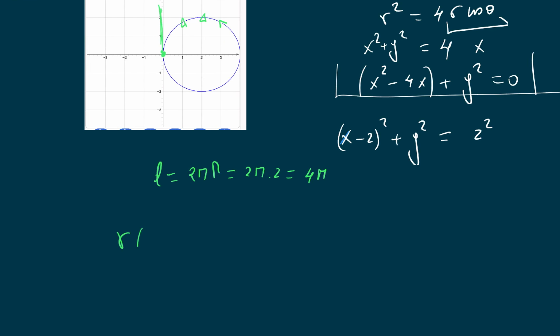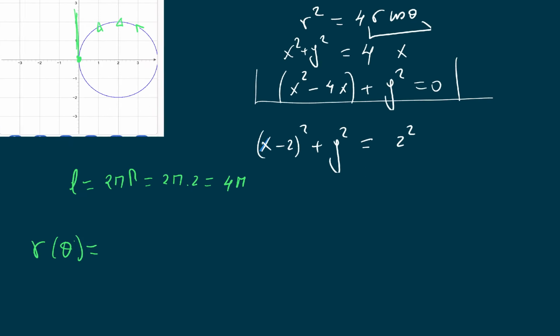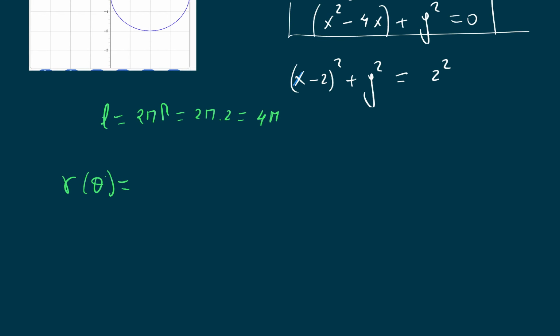r of theta is equal to 4 cosine of theta. If r is 0, it means that 4 cosine of theta is 0. It means that cosine of theta is 0.